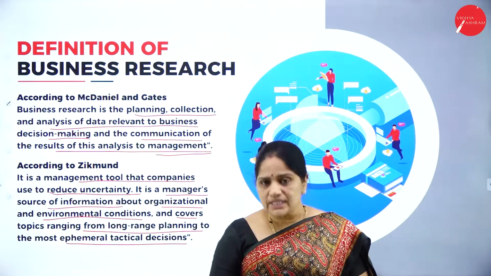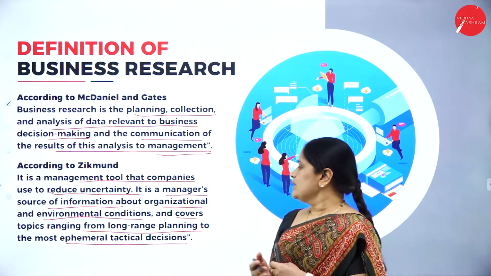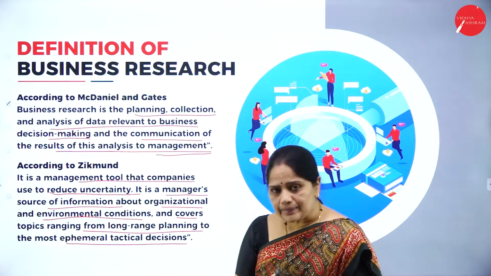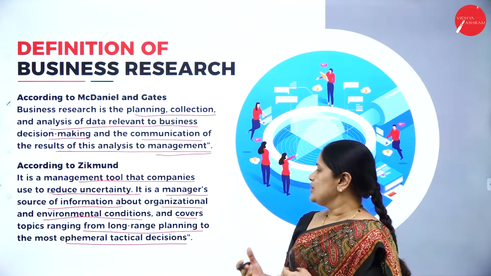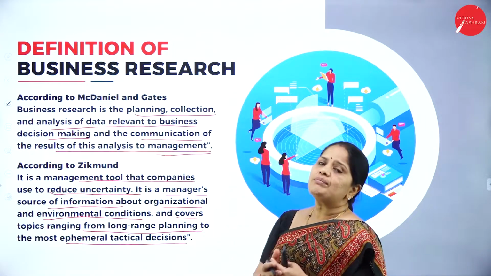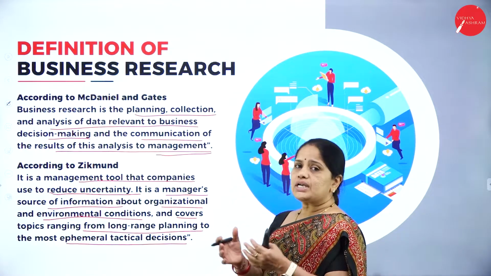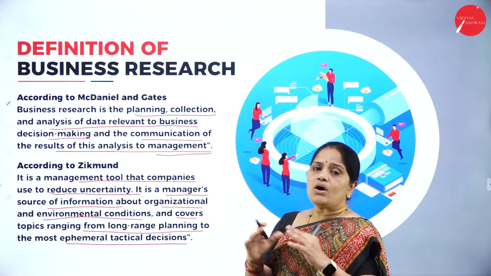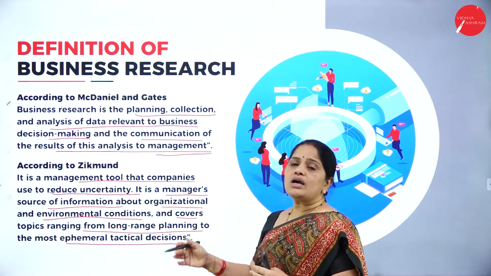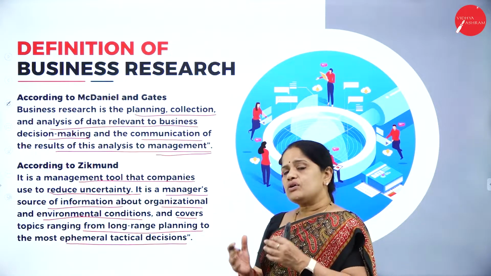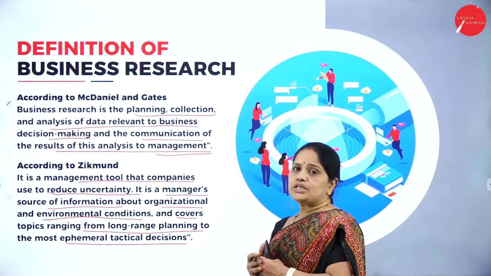So, whenever you are undertaking the business research, we should know that it is about the collection of the information relating to the organization, relating to the environment, and it will cover all the topics ranging from long range planning. So if you are planning for the next 10 to 15 years, what is the kind of information you need?